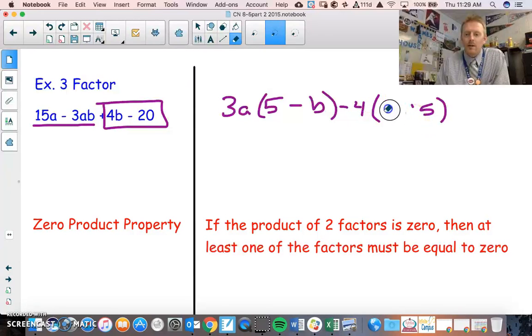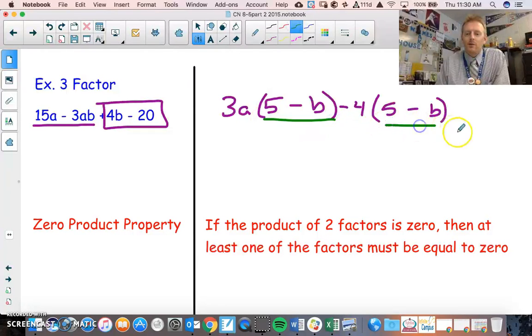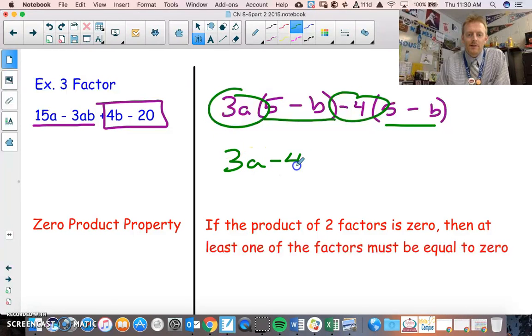We're trying to make them be the same thing on the inside. So I'd be left with a 5 and a negative b. And that makes us have two of the same thing. So I'm left over with 3a minus 4 for one of my chunks, and the other chunk would be 5 minus b.